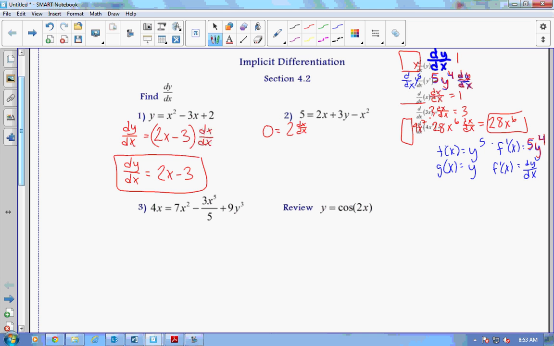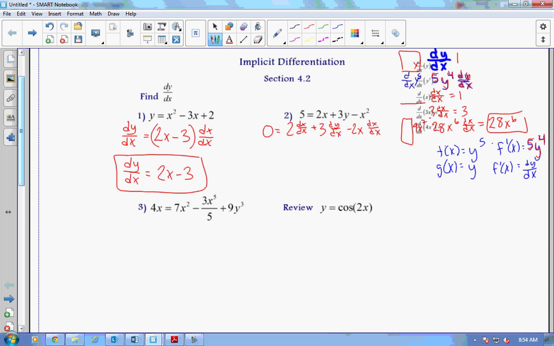What about 3y? Derivative of 3y. So plus 3 dy dx. So we took the derivative of y with respect to x. And moving down the line, what's the derivative of negative x squared? Good.